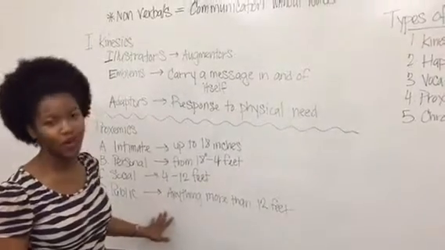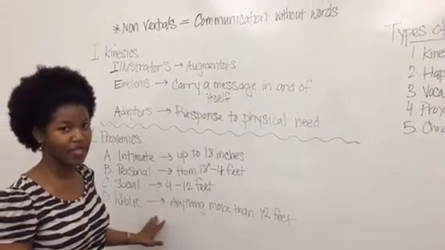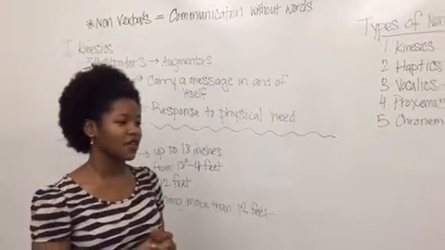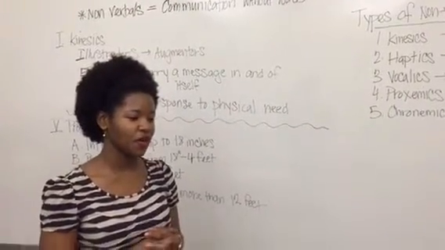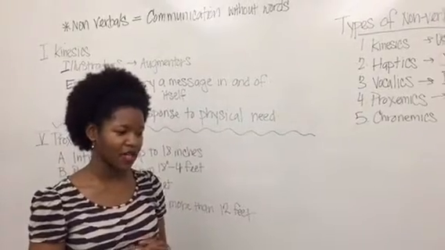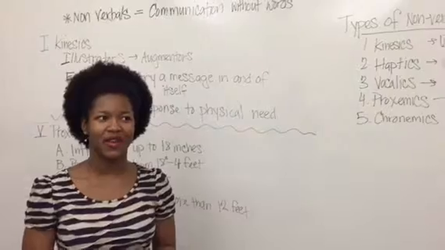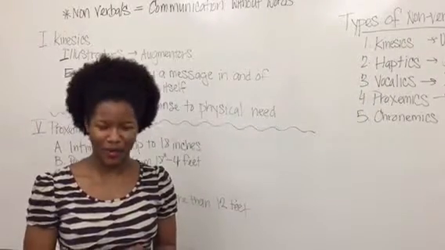Some people are more aware of their personal space than others, okay? An interesting thing to think about is how we interpret our personal space without even really thinking about it.